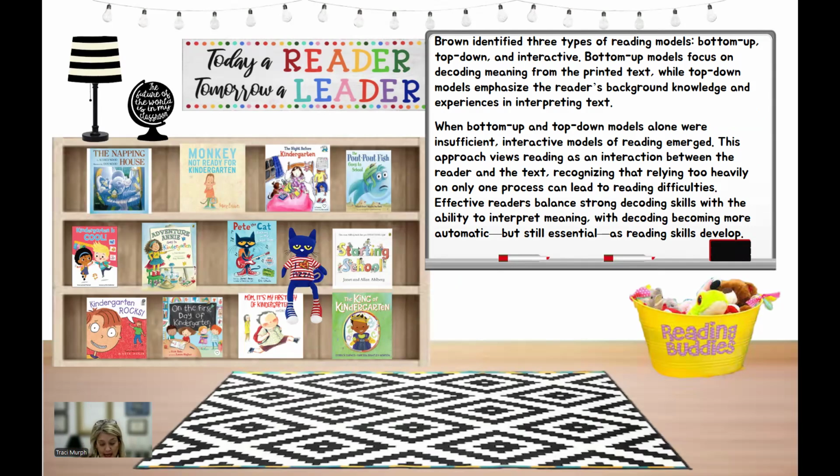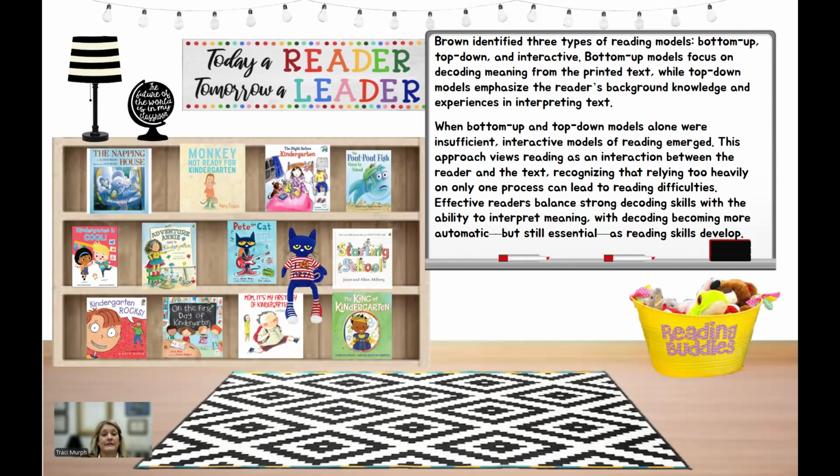Bottom-up reading models began with the printed text and presumed that all meaning resides in the text and that the reader must decode the meaning. Bottom-up models are problematic because they underestimate the contribution of the reader by overlooking the fact that readers rely on their understanding of language and how it functions to make sense of written text.